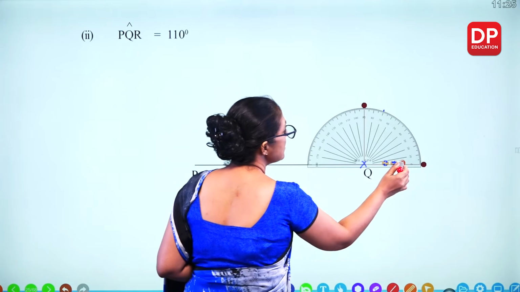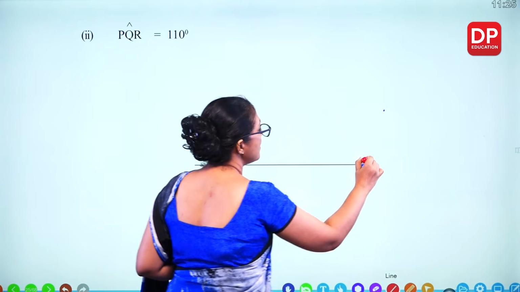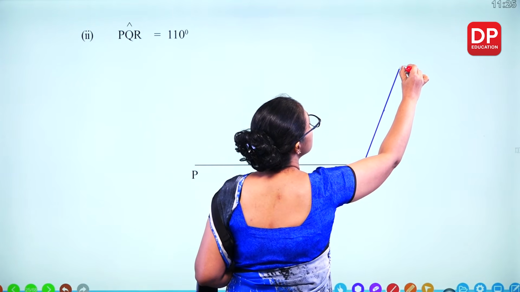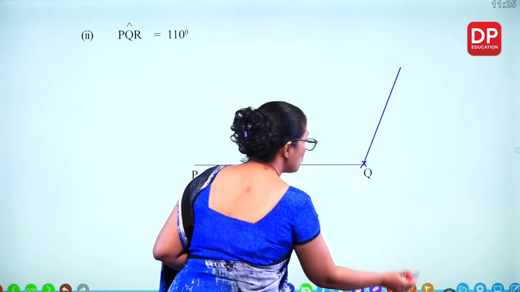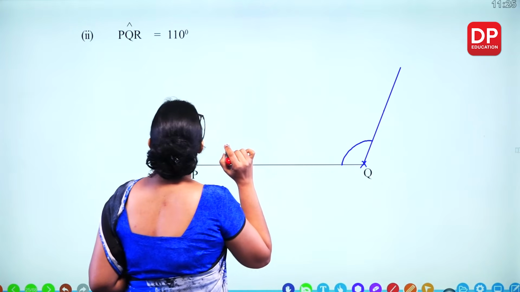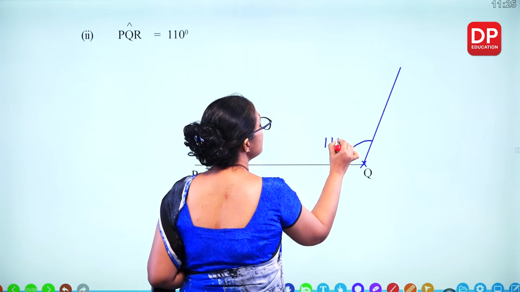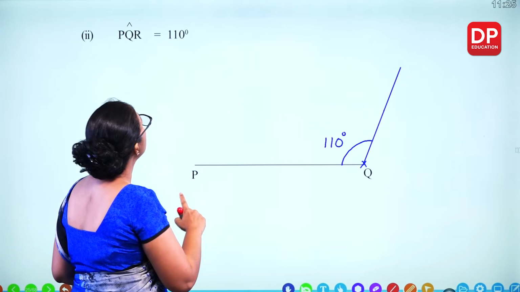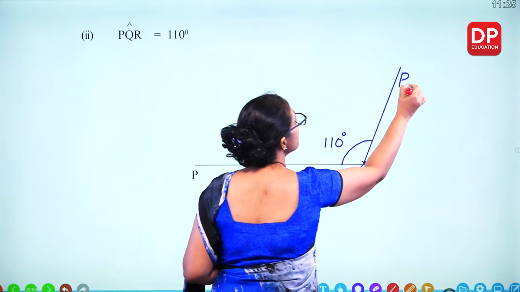So mark the point and take the ruler and connect the point. So you get this Q angle is 110 degrees. P, Q, R point here.